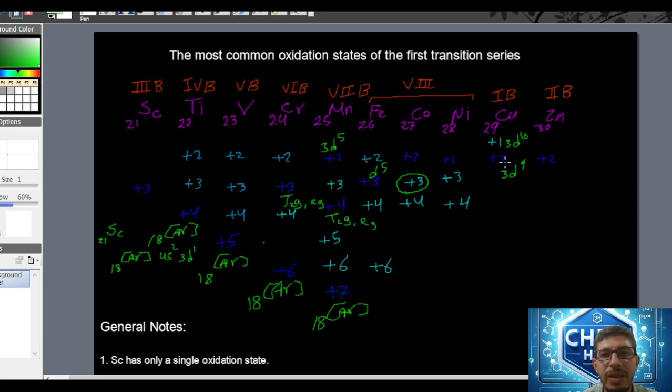Actually, this is not the only reason. When you have an energy sublevel completely filled with electrons or half filled with electrons, this is not the only reason which gives us the stability for the metal ion. You get me? So another reason is the hydration energy.